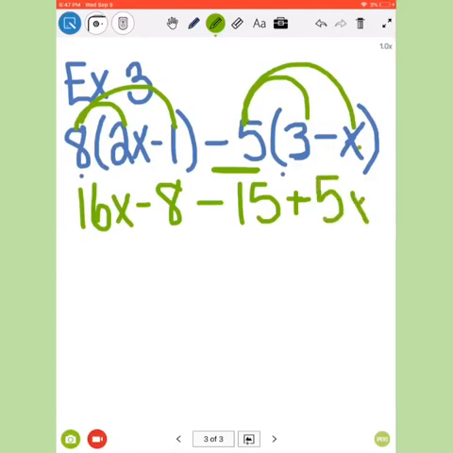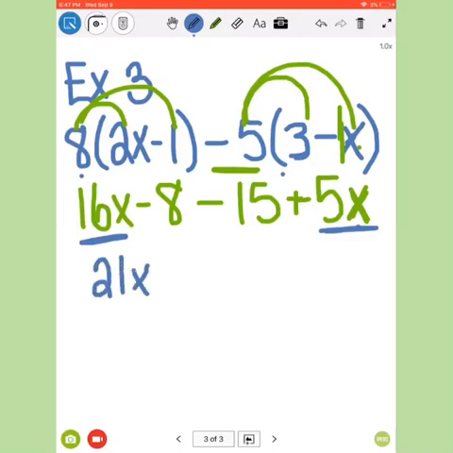If that seems weird for you, just remember that there is a 1 understood to be right there in front of that x. So 5 times 1 would give us the 5. Okay. Now I check out my like terms, and over here I've got 16x. Over here I have another x, so 16x plus 5x is 21x.